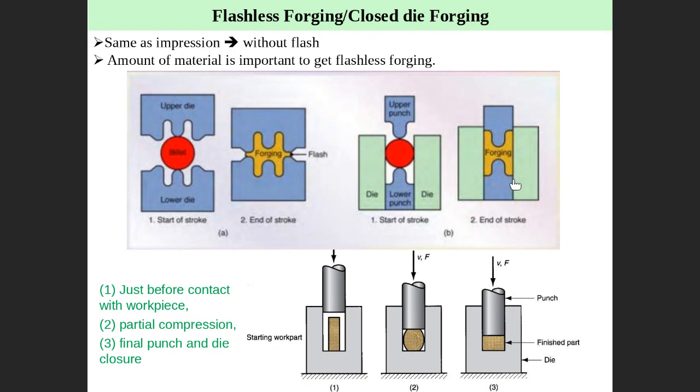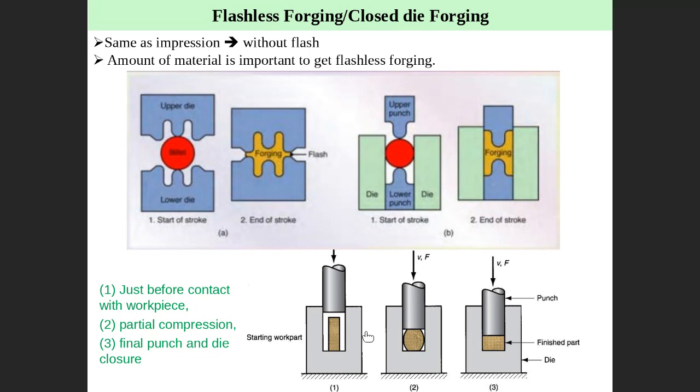Actually, this is a kind of improvement to move towards the precision forging, as we described in the last slide, to reduce the need of machining. Because here, if you have a flash, you need to cut here and so on. So this is flashless, so it's considered as precise forging. When you apply pressure, this is a part.